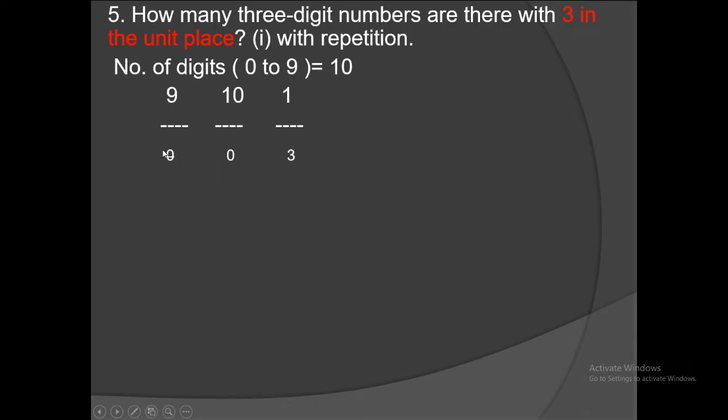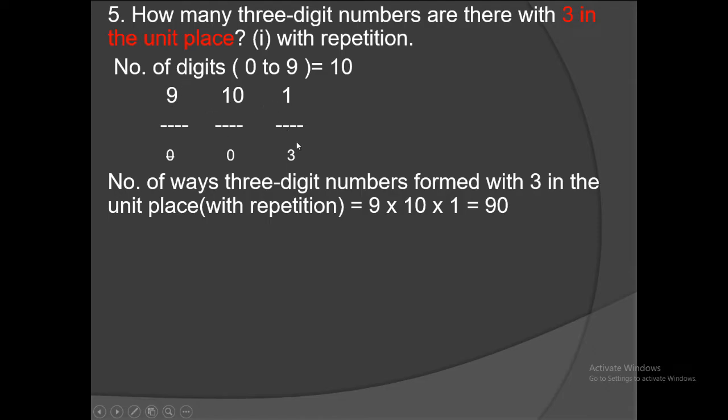So 0 cannot be put in this particular place. Leaving 0, I have 9 digits. Now coming to the second place, I can put any number from 0 to 9, so totally 10 numbers. So 9 into 10 into 1, which is 90. So the number of 3-digit numbers that can be formed keeping 3 in the unit place with repetition is 90.